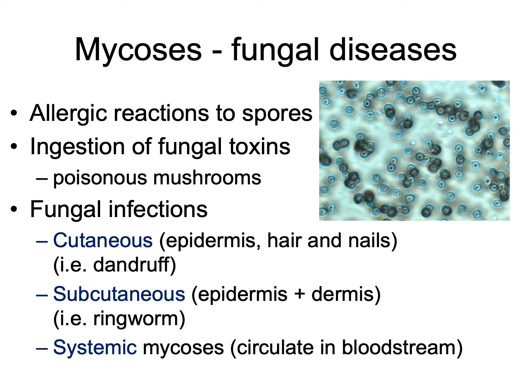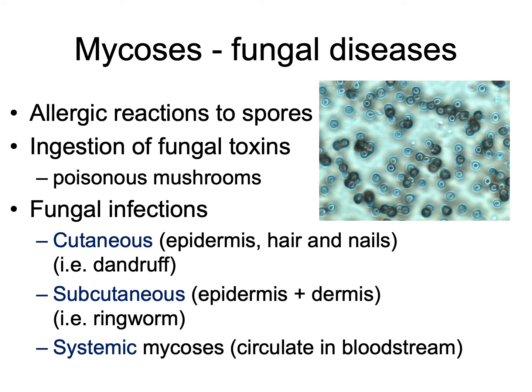You can have a systemic fungal infection, which can be very serious. Remember, when something goes systemic, that means that somehow that infection, that microbe, got into your bloodstream, and now it's able to circulate throughout the body.